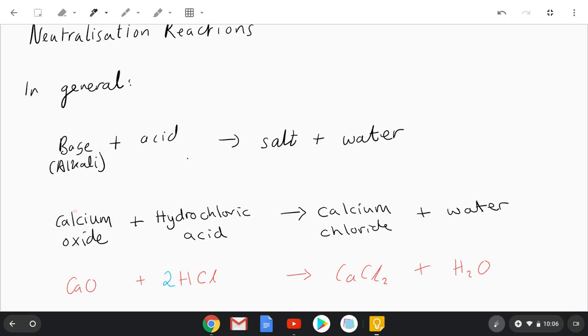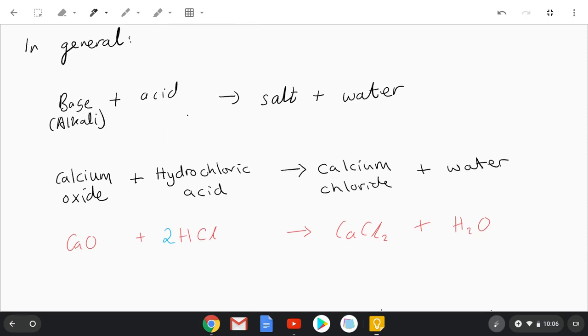So the first element, which is calcium, will take the bit that's attached to the hydrogen and it becomes calcium chloride. And the remainder is water. There's oxygen in calcium oxide, there's hydrogen in hydrochloric acid, and they combine to give us water.